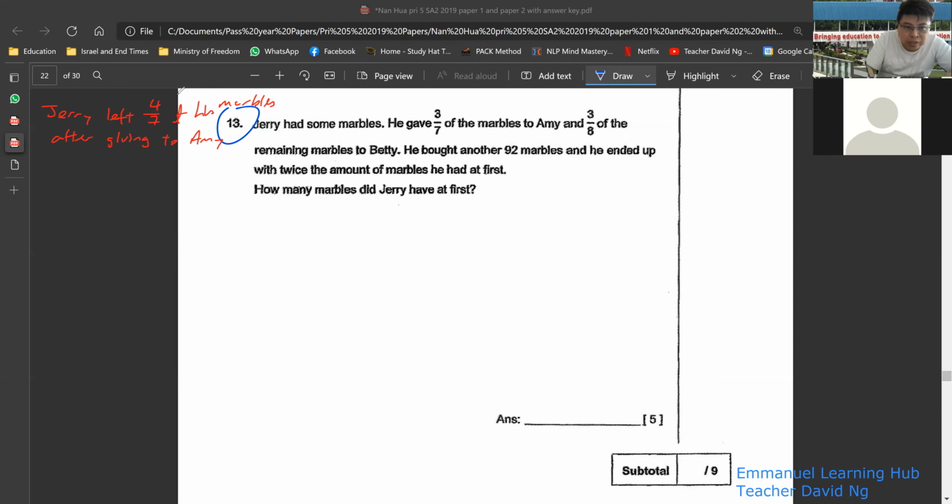Then out of this 4/7 of his marbles, he gave 3/8 of the 4/7 to Betty. So right now you have to calculate the actual fraction he gave to Betty. Understand the concept? Yes.